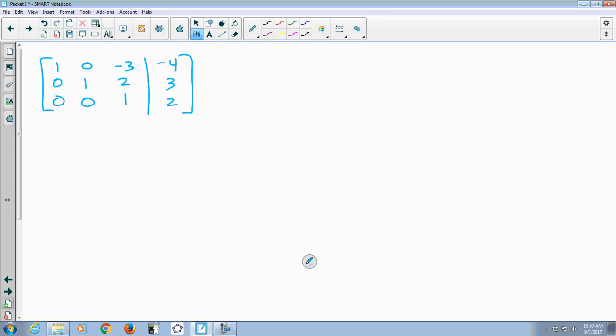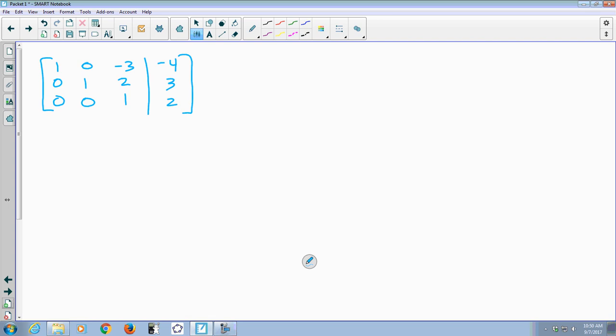Before, I did column by column, left to right. I wanted to put the diagonal entries, called pivots, I wanted to make them all 1s, and use those 1s to knock out everything beneath it. Didn't care about what was above. Now I'm going to go right to left and use those 1s to knock out everything above it so that I'll only have 1s on the diagonal, 0s everywhere else.